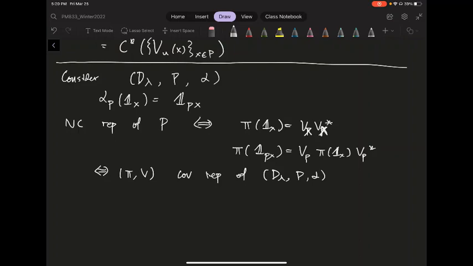You can convince yourself, because if you have a covariant representation, then pi of 1_x has to be V_x V_x star, because 1_x is basically alpha_x of the identity, the constant 1. Pi is a unital representation, so using the covariance condition you get pi of 1_x is V_x V_x star.